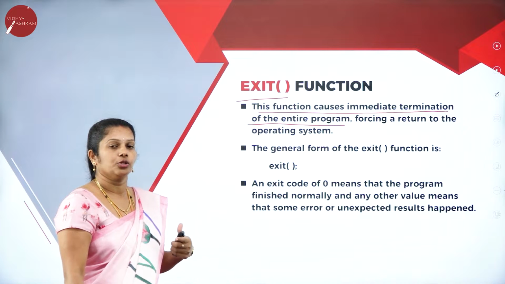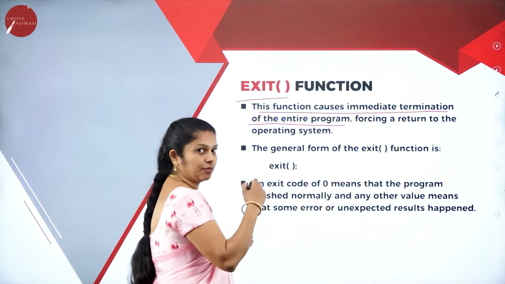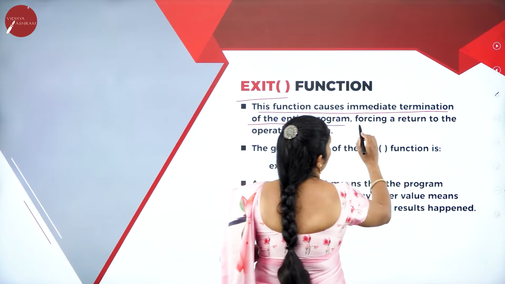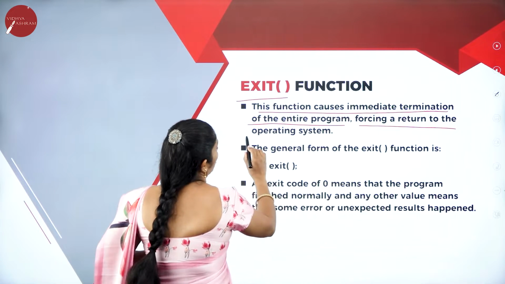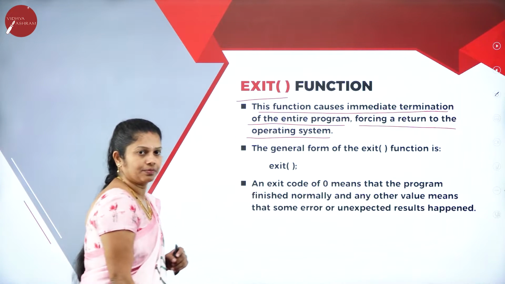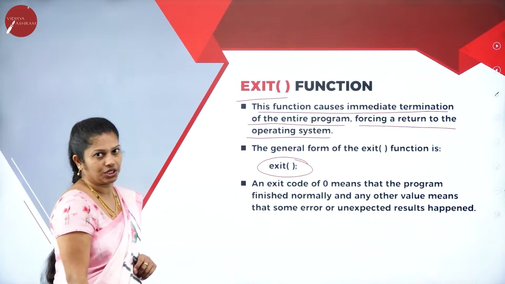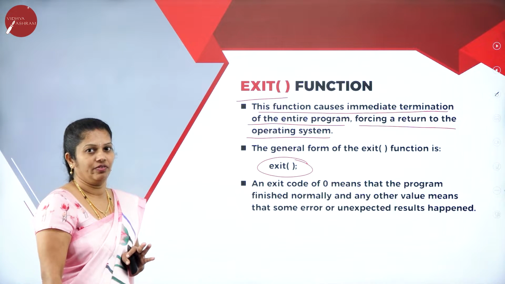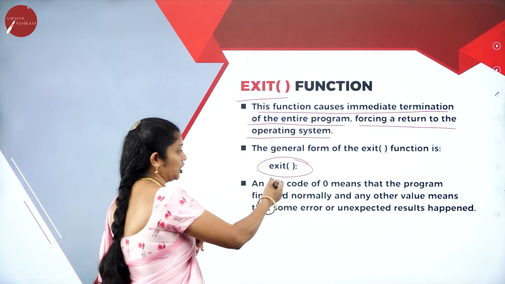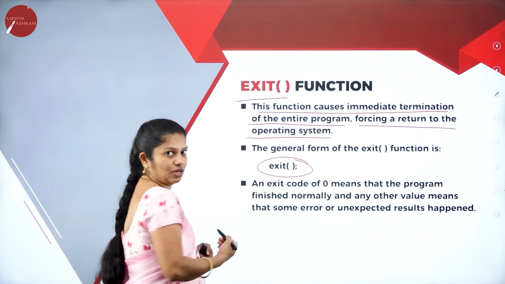Here, exit is used to come out of the program or terminate the program, forcing a return to the operating system. The general syntax is the exit function. Only the exit function we will write. Sometimes we write 0 also inside this exit function.